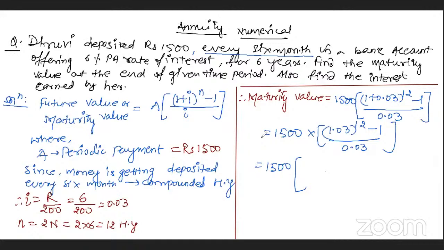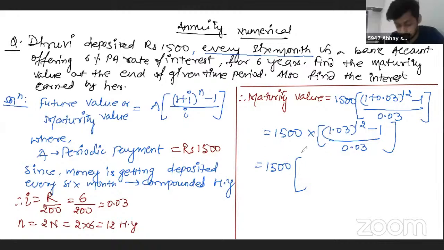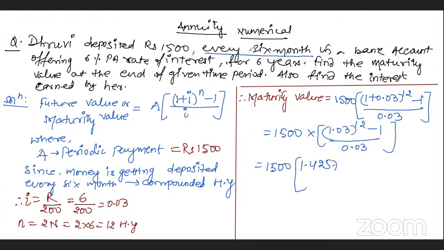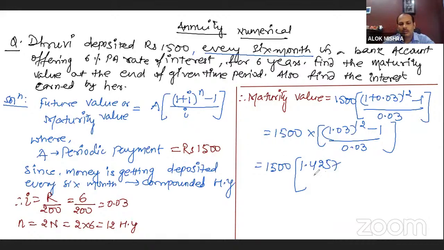Sir, 1.4257. Is this fine? Rounding off to 4 decimal places, I am taking, so it's upon 0.03, which is equal to 1500 into 0.4257 upon 0.03.